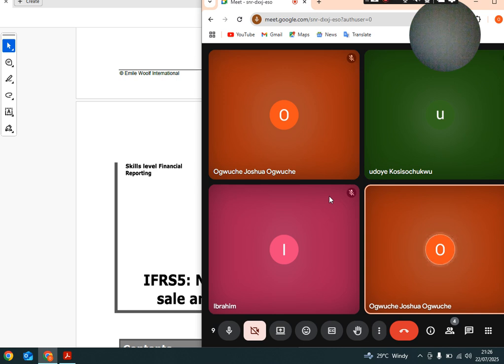All right. Let's look at the conditions that must be met before an asset can be classified as held for sale. Like I said, there are basically 7 conditions, but they are classified into 2.